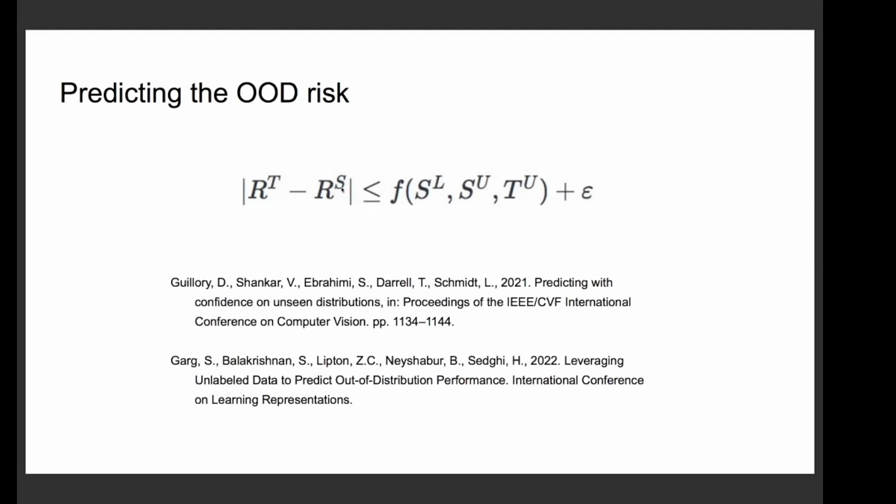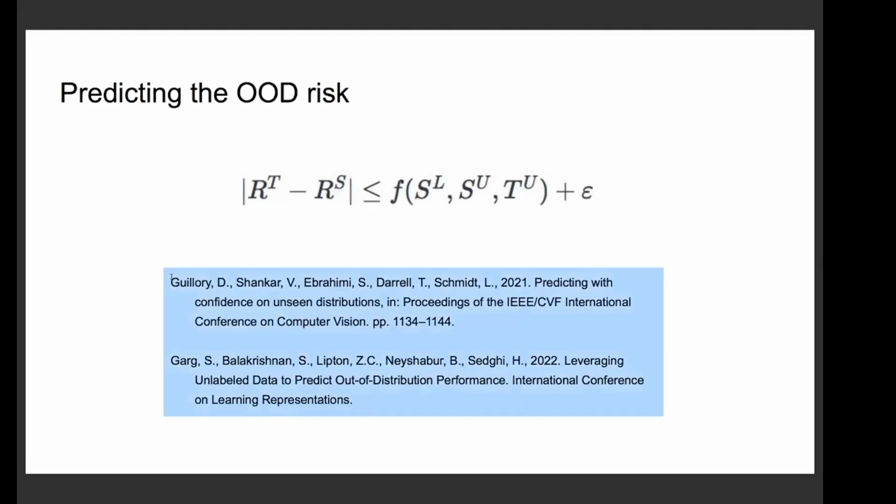They provide an inequality. Here I've written it in another form, with an inequality and an epsilon term that just models the error or the uncertainty.